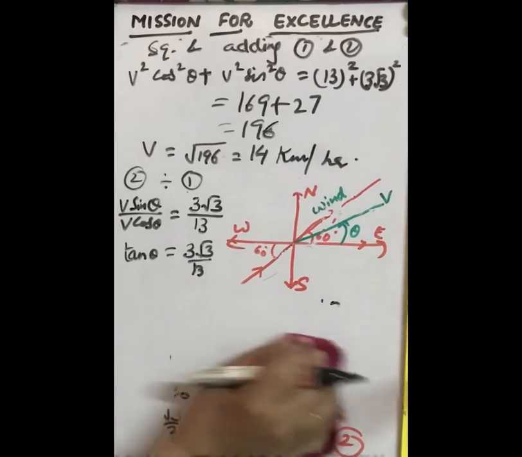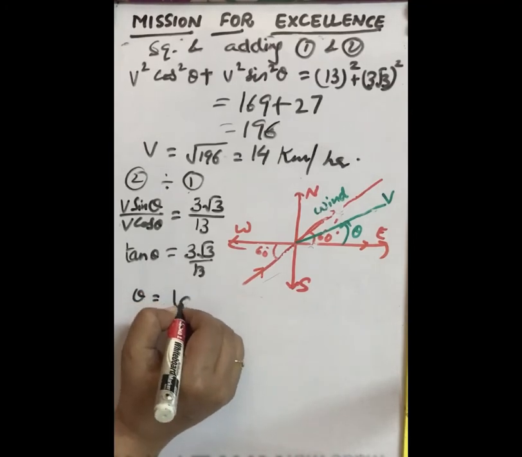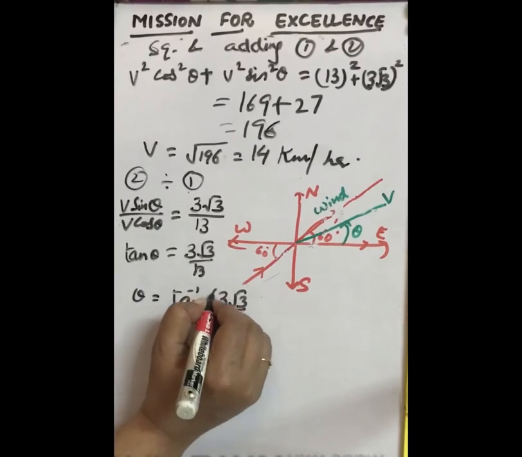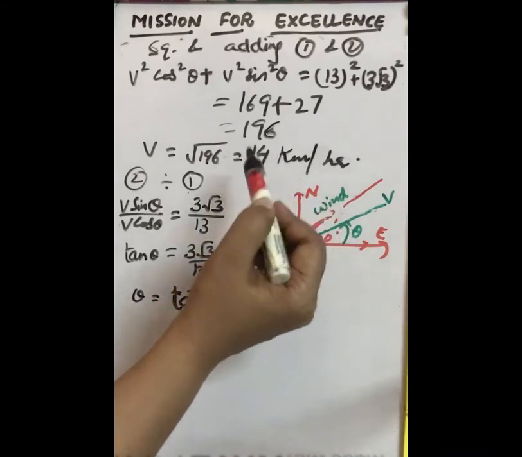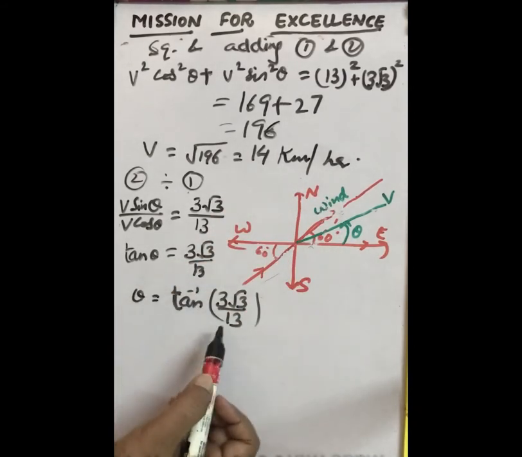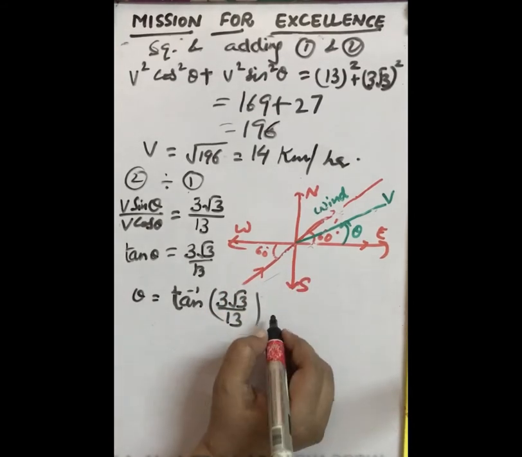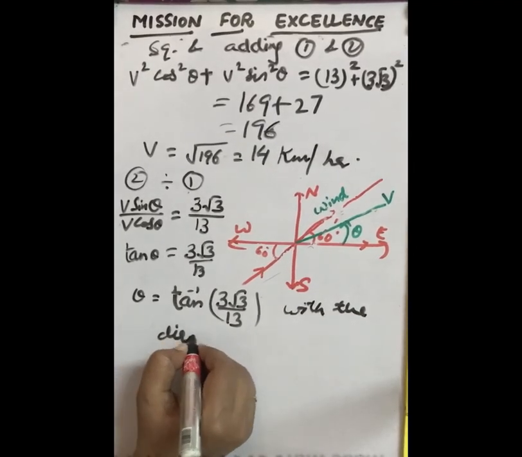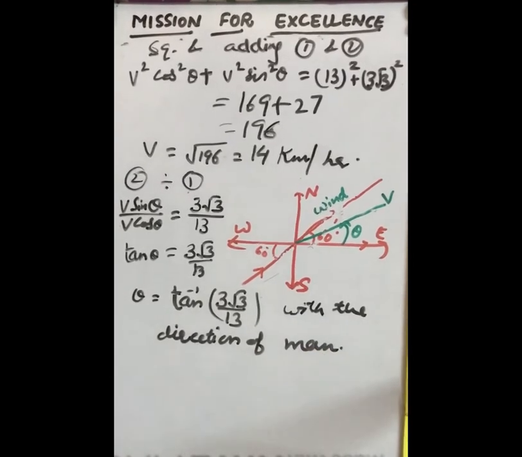So theta is tangent inverse 3 root 3 by 13. So this is the direction of the wind. Actually the wind is blowing with velocity 14 km per hour and with angle tangent inverse 3 root 3 by 13 with the direction of motion of man. So this is the actual angle with which it moves.